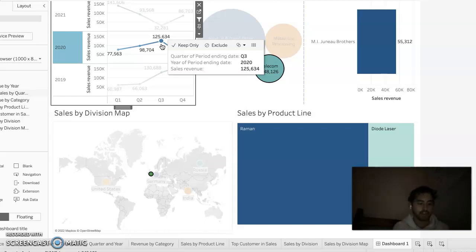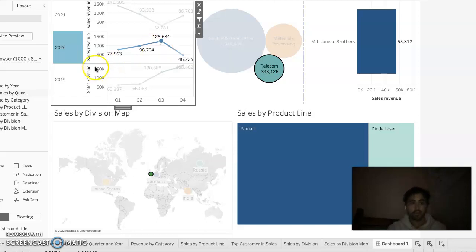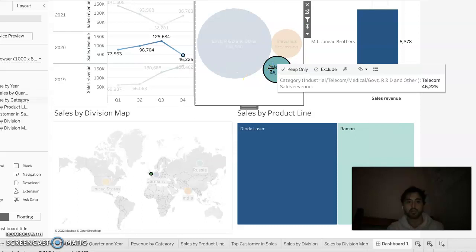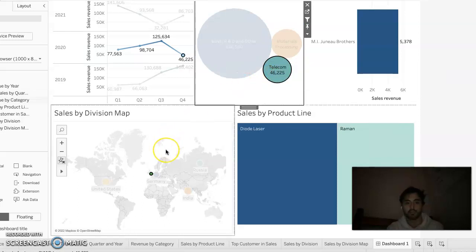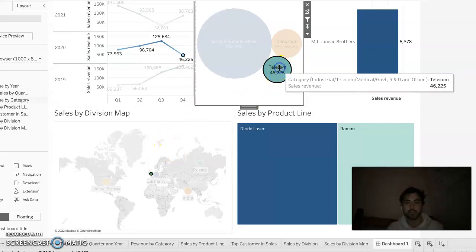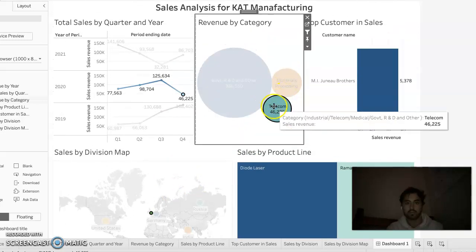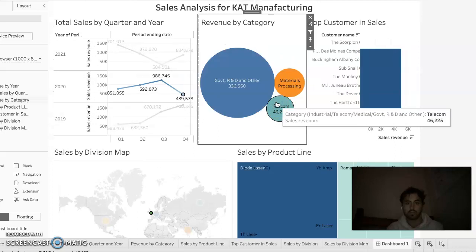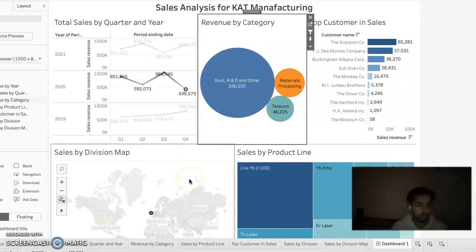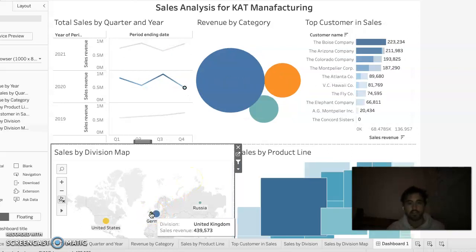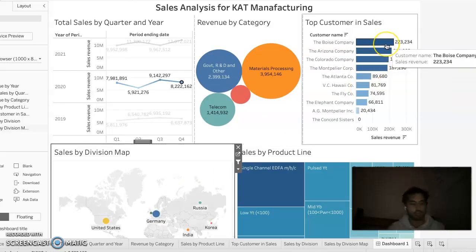Cat Manufacturing's top customer in the fourth quarter of 2020 overall, gotta deselect these, would be the Boys Company with $223,234.